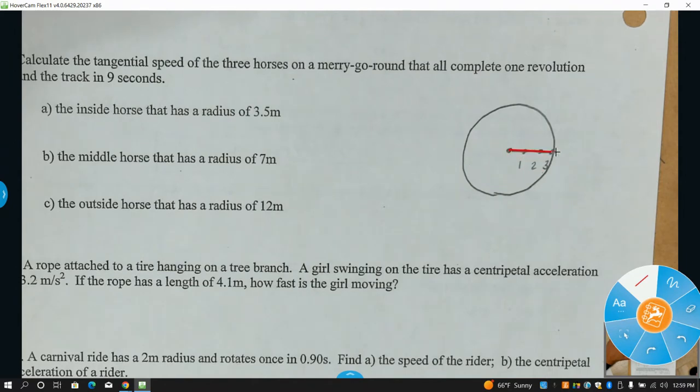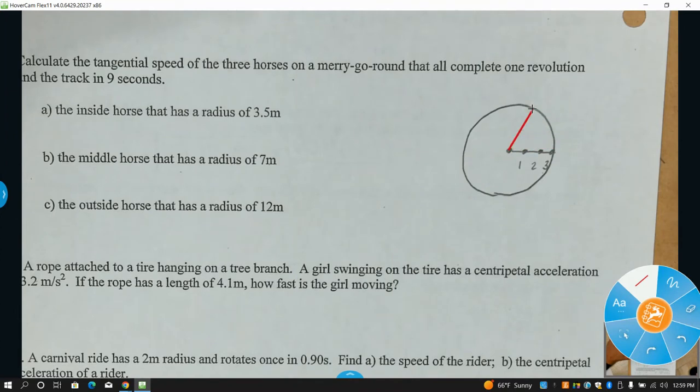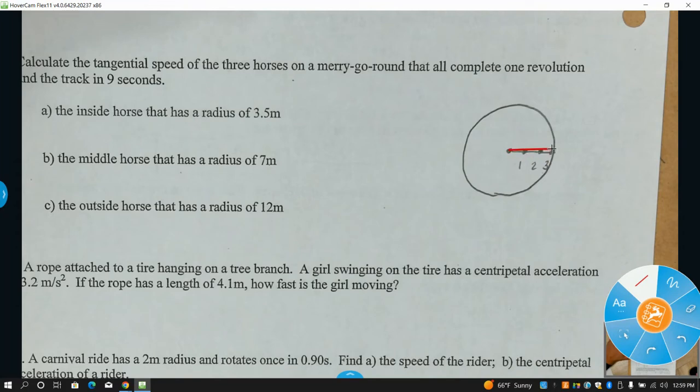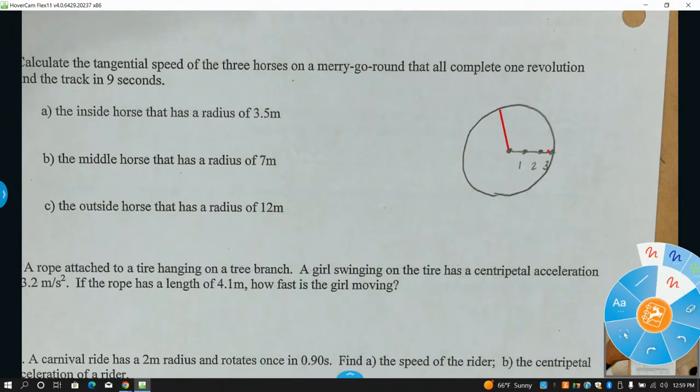So basically look at the red line. The red line would be these 3 horses as they move around the circle. Here's the first lap. Did any of the horses make more laps than the other? No. But if you notice how much further the outside guy had to travel than the middle, and then the inside.